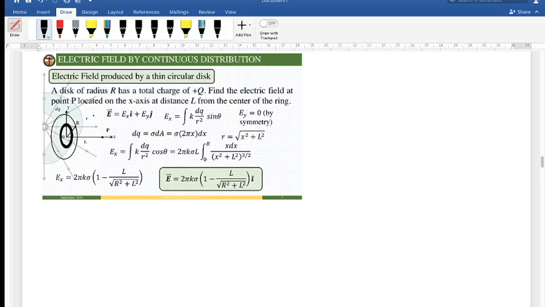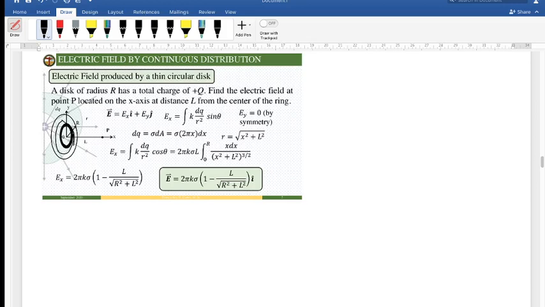So here, from our expression above, we already know the electric field produced by a ring. Okay, so actually, your thin circular disc is in fact composed of many rings, right? So there are many rings there, another ring here, another ring, going up to its total radius r.